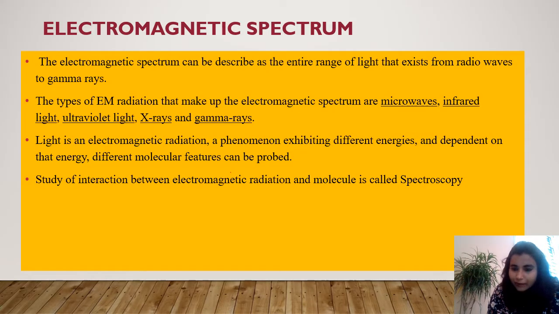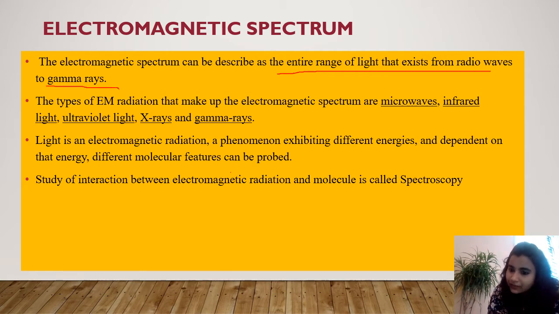So coming to the electromagnetic spectrum. The electromagnetic spectrum is not a single range of wavelength or energy. It is basically the entire range of wavelengths that exists between radio waves and gamma rays.